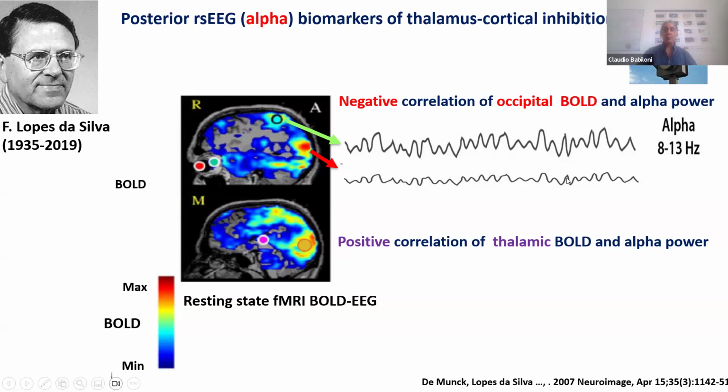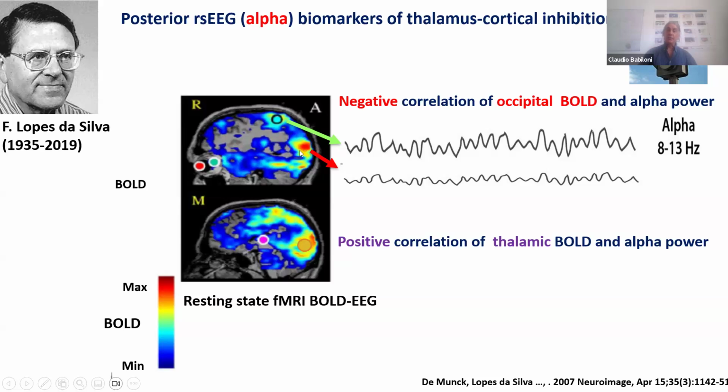As you know, the BOLD signal of functional magnetic resonance imaging can be obtained by the T2 star sequences during the recording. And this particular sequence of magnetic resonance imaging is sensitive to the ratio between oxygenated hemoglobin and deoxygenated hemoglobin.